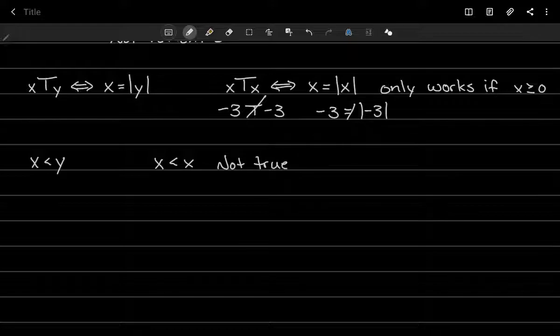So still not reflexive, but the next one's going to work. Our next one was x equals y, and x equals x is definitely true. So this relation is reflexive because that's true for every single possible x.